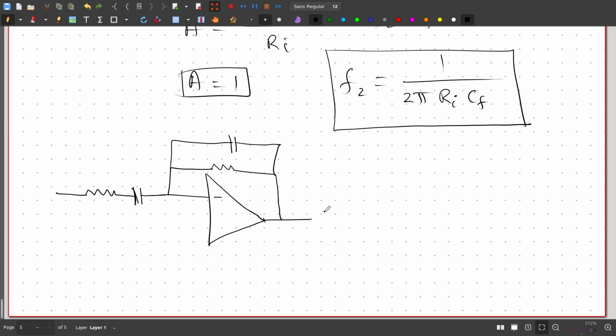I have redrawn our original diagram. This is not a different one, but I just rearranged the resistance and capacitors.